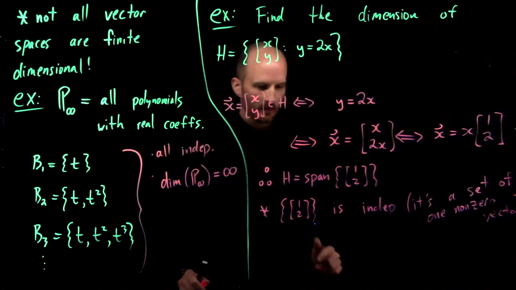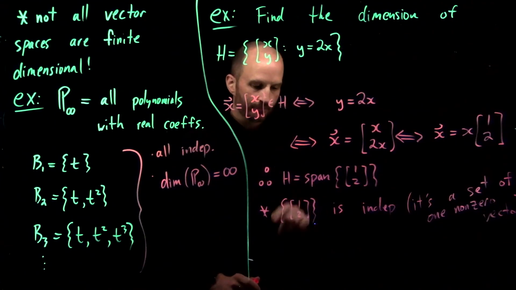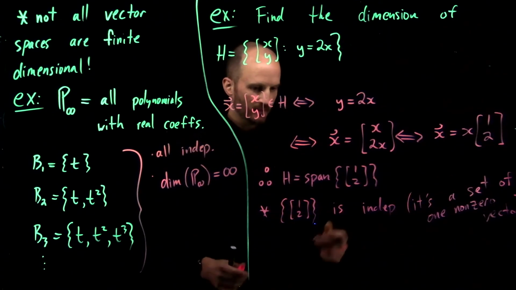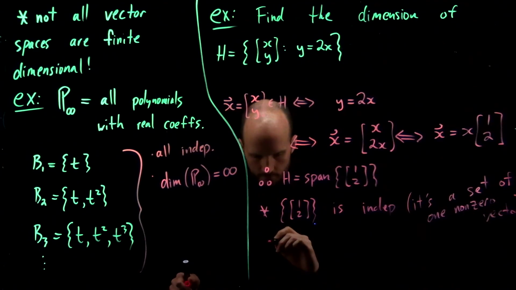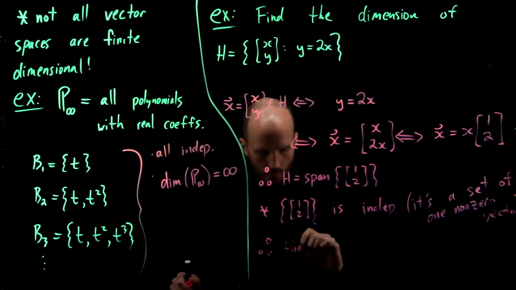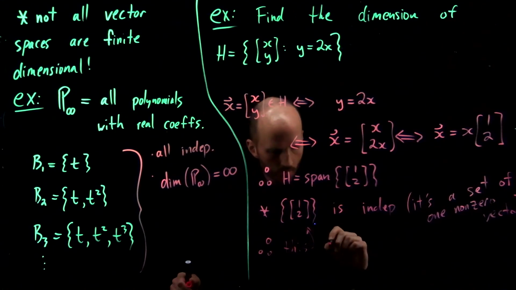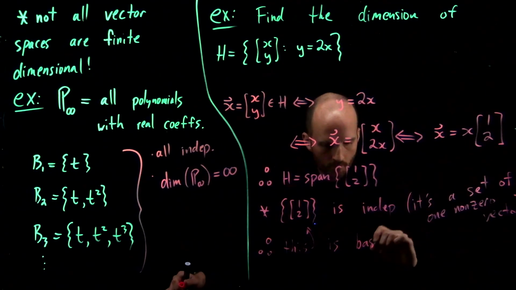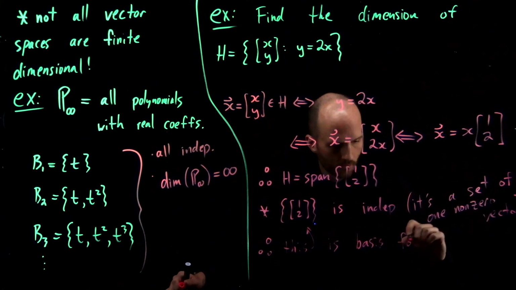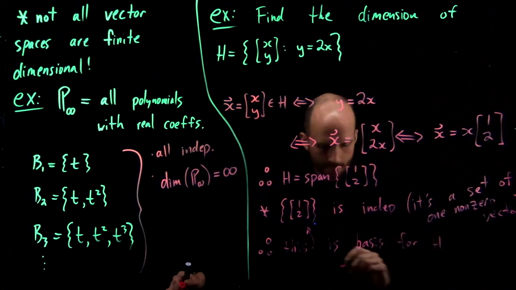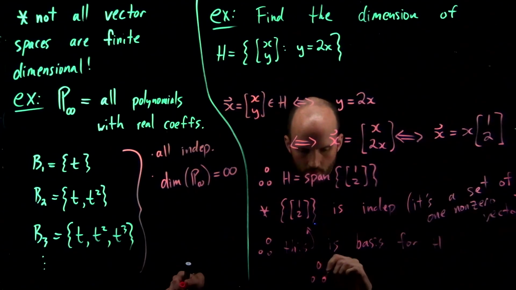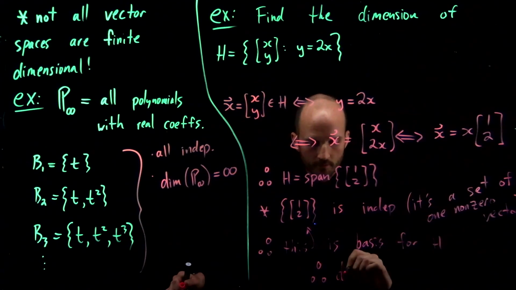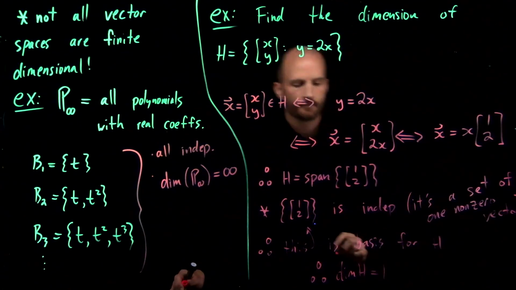Okay, so there we have it. This set here spans H, it's independent. So it's a basis for H, and therefore the dimension of H is 1.